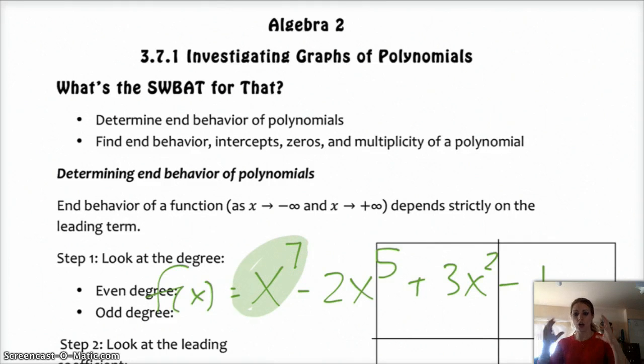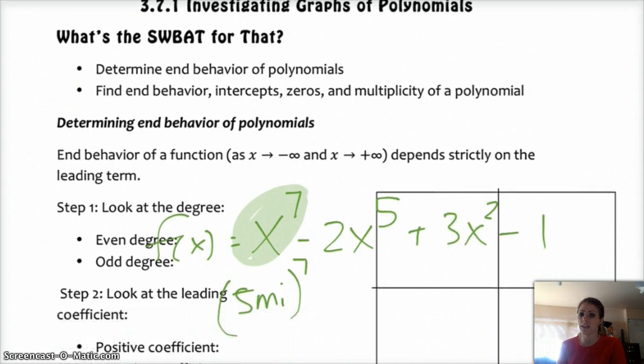That determines the behavior on the extremes, because when you plug in really big values of x, say I plug in 5 million here, raise that to the 7th power, that's going to be stronger than 5 million to the 5th, or 5 million squared.